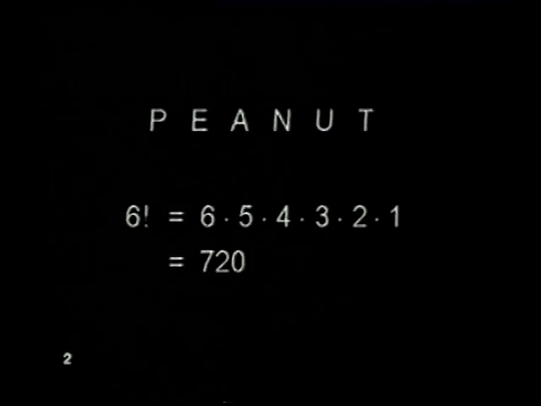There are 6 letters in the word peanut, so the solution is found by solving 6 factorial. 6 factorial equals 6 times 5 times 4 times 3 times 2 times 1. The product is 720. Therefore, the letters in the word peanut can be arranged 720 different ways.